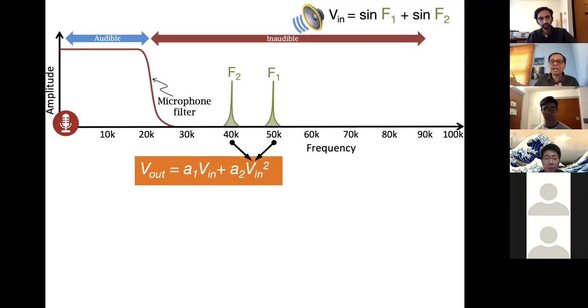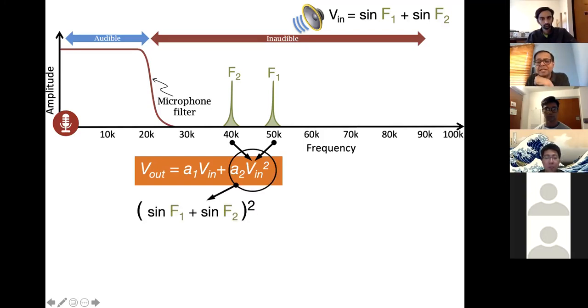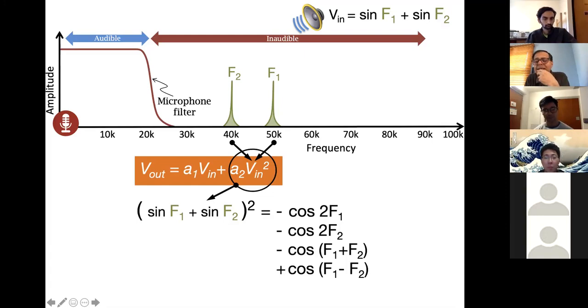But now let's look at A2 V in square. This is basically A2 times sine F1 plus sine F2 whole squared, right? Now let's expand that. That becomes cos 2F1, cos 2F2, cos F1 plus F2, cos F1 minus F2. If you expand sine F1 plus sine F2 whole squared, those are the terms that you'll get.